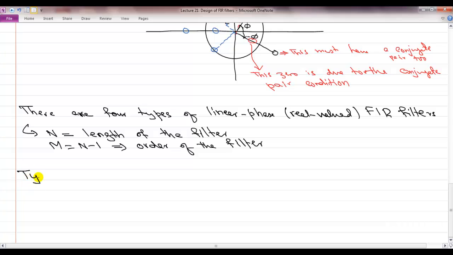So type 1 and type 2 FIR filters are characterized by the shape of their impulse response being symmetric. So let's look at the type 1 FIR filter.